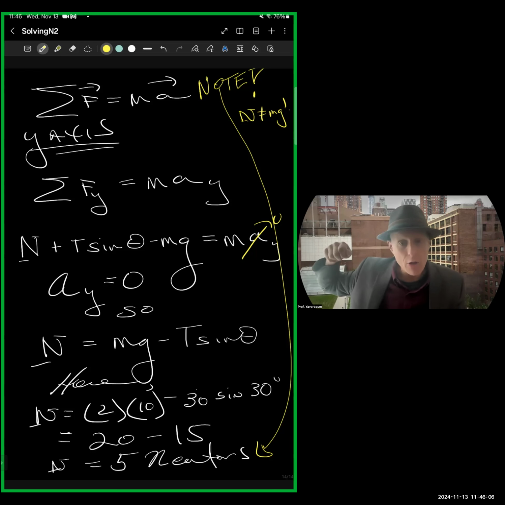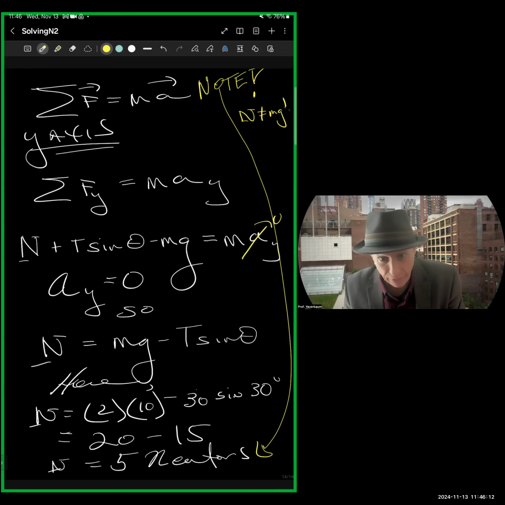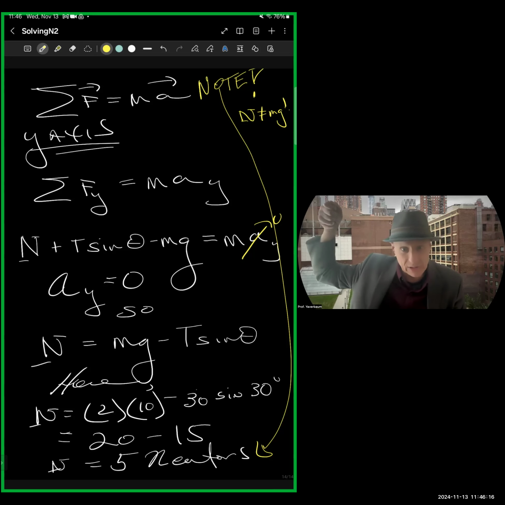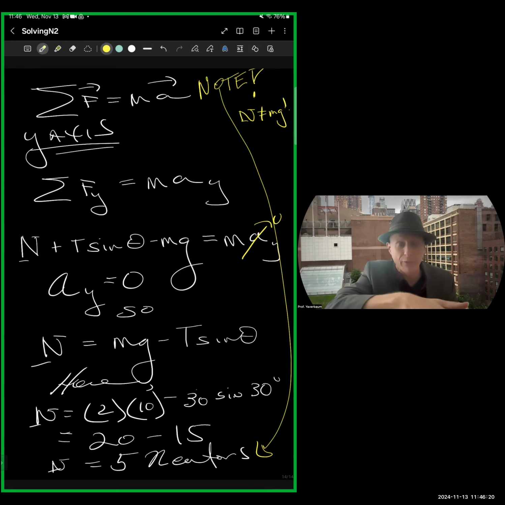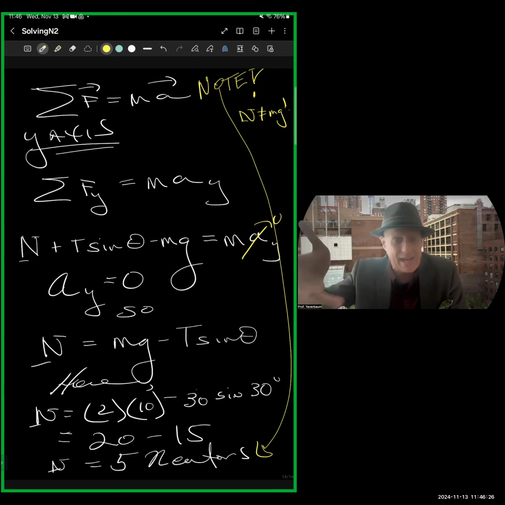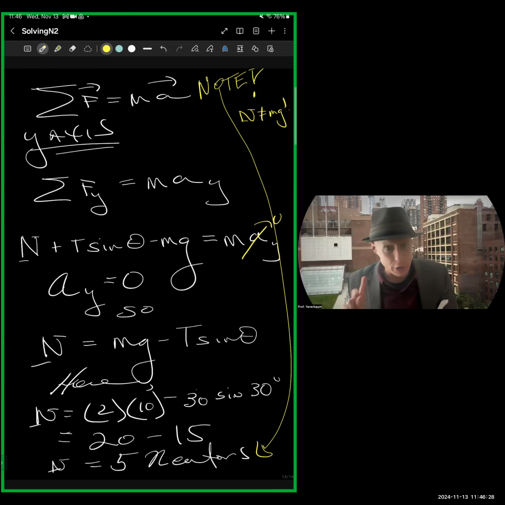The string is pulling somewhat up. So the table is not supporting the entire weight of the apple. It's supporting some of the apple. The rest is being picked up by the string. That's why the normal force must equal the weight minus whatever the vertical component of the string is. I can't say it any more specifically than that, but notice the normal is 5 newtons.